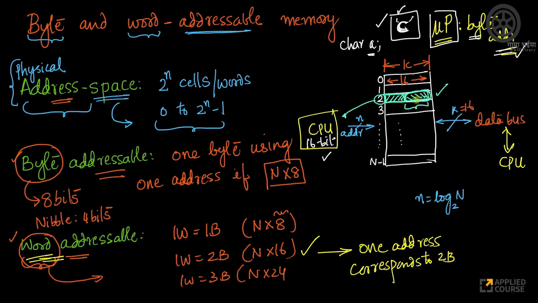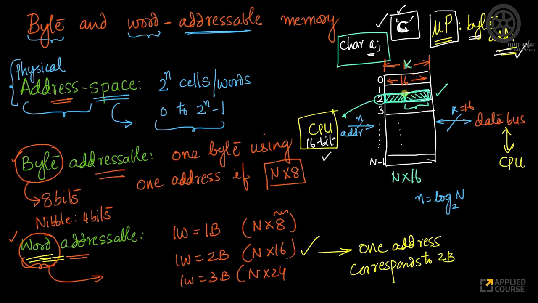This is simple. If I want byte addressability, imagine you're writing a C program and you wrote char A. Let's assume char requires 1 byte, but your architecture is like this: you have a 16-bit processor and your memory is, let's say, some n cross 16 memory. Still, I can get it to work very easily. How do I get this to work? Very simple.